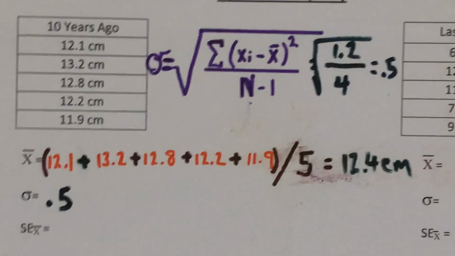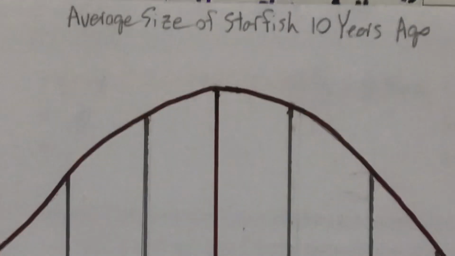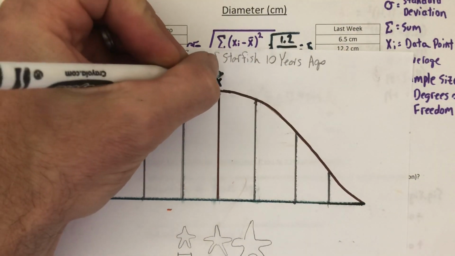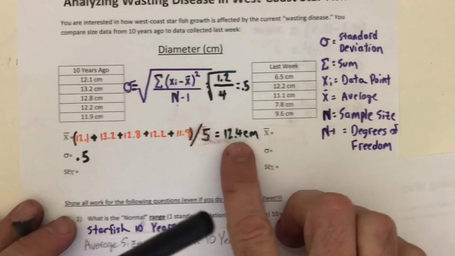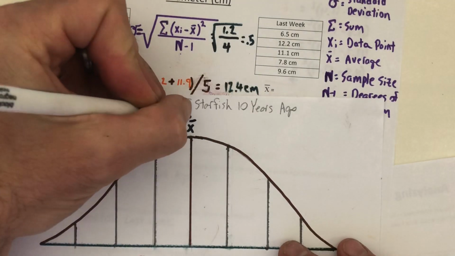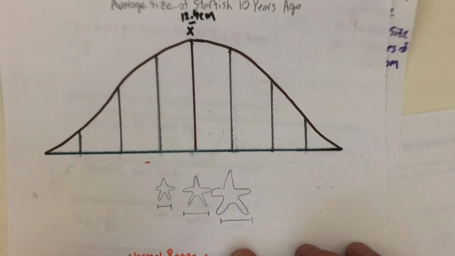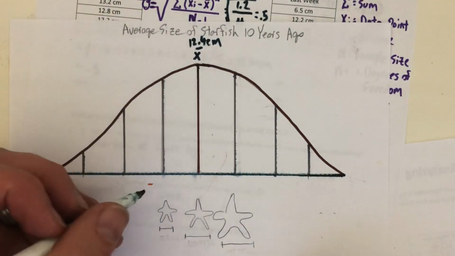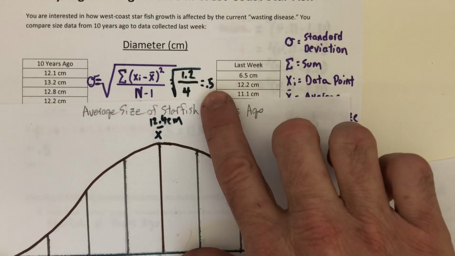So what does that mean? Well, on a curve that looks like this, my average is going to be right in the middle of the curve. We said the average was 12.4 centimeters, so this is 12.4 centimeters right here in the middle. That would be my average size starfish 10 years ago. Now, my standard deviation is 0.5.